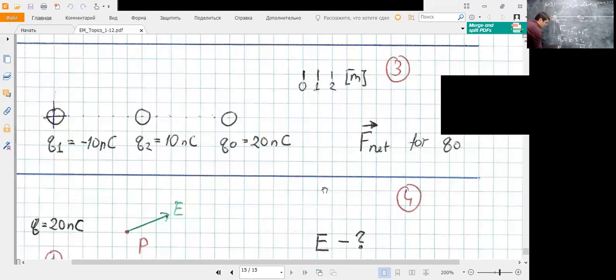What about the F20 vector? K multiply Q2, Q0 divided by R20 square, R20 vector. So R20 vector is equal to R0 minus R2.